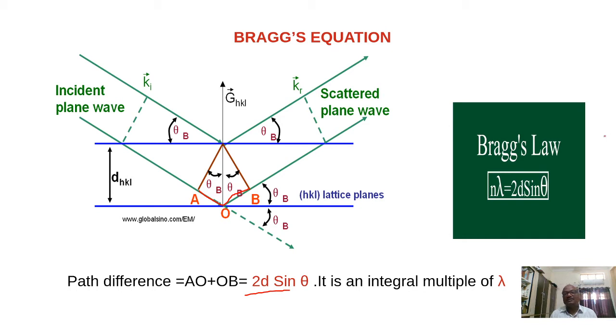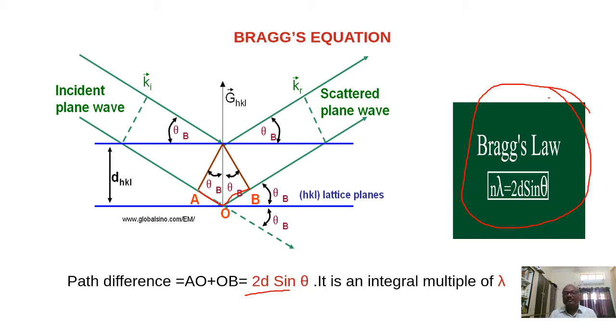Therefore, 2D sine theta is equal to n lambda. This is called Bragg's equation. Here n is equal to 1, 2, 3, 4, like that. If n is equal to 1, it is first order diffraction. If n is equal to 2, second order diffraction, and so on.